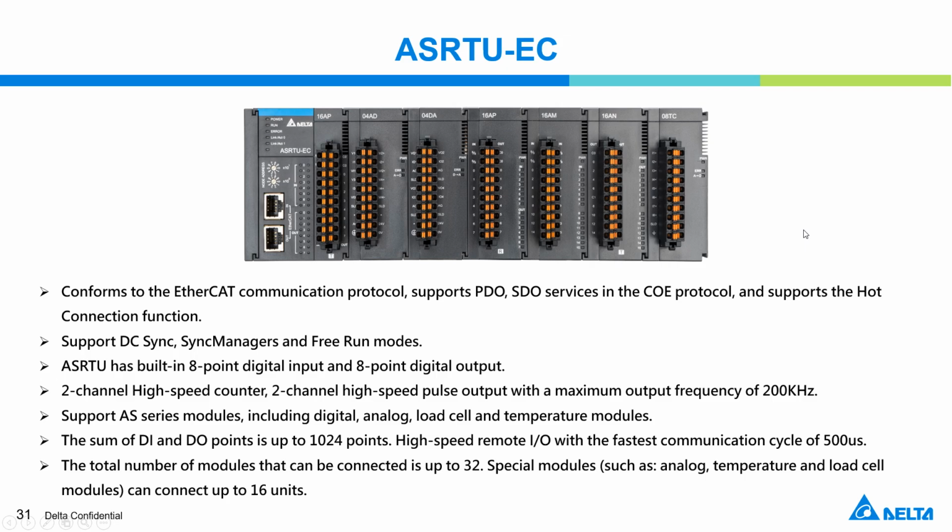Okay, next is the AXRTU-EC. I think some of you already use this, because this is a typical Delta AS remote module. The built-in module supports 8 DI and 8 DO. You can extend it a lot.